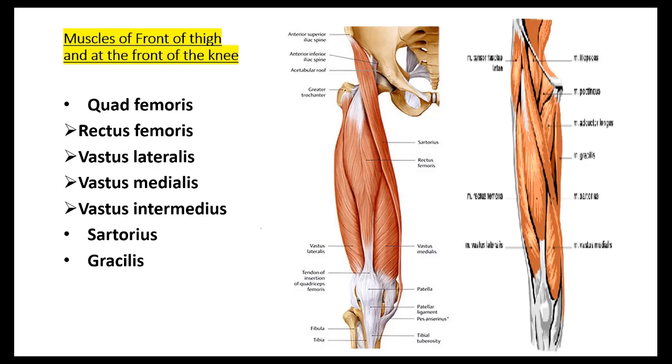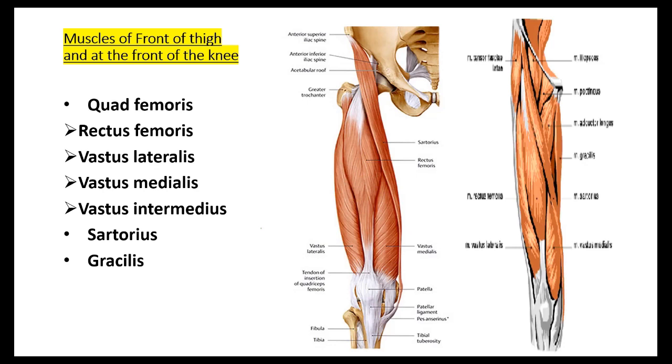So you can expect that at the distal attachment, this muscle will be closest to the bone, whereas rectus femoris, which is attached proximally to the pelvic bone, will be the most superficial.